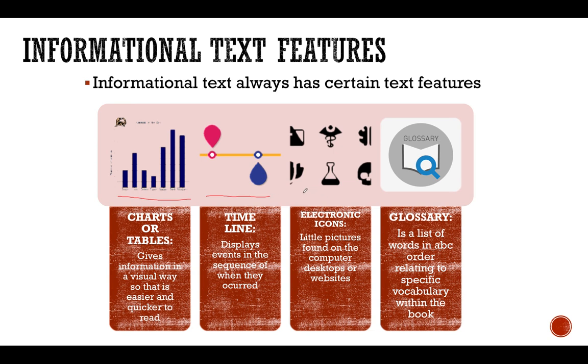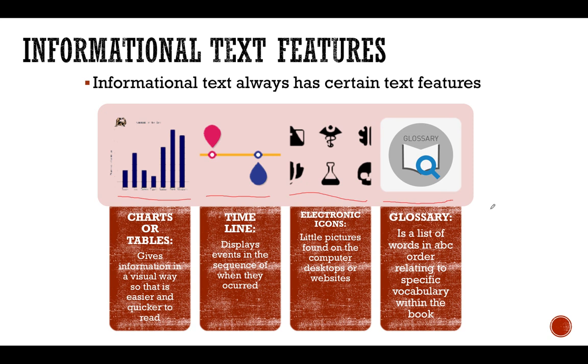It's really common to find electronic icons. These are little pictures found on the computer, desktops, or websites. And finally, commonly, the informational text contains a glossary. That is a list of words in ABC order relating to specific vocabulary within the book.